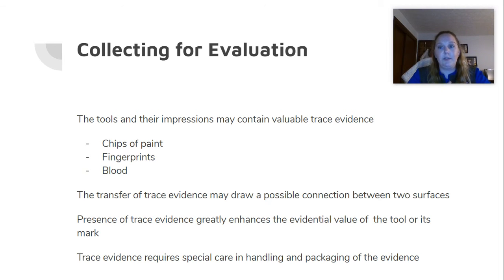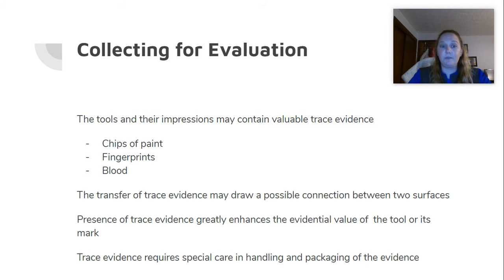Tools and tool marks themselves that are specifically used to break into objects are relatively invaluable in court. It's like a cotton t-shirt. Everyone has one. But if you are able to pull a fingerprint or that paint or blood or anything like that off of the tool or the tool mark itself, that makes it much more of value when it comes to a court hearing.